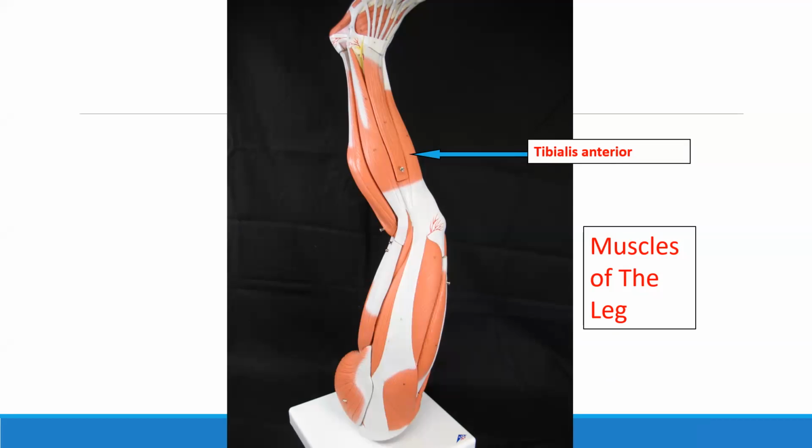Tibialis Anterior has a very important role for us. The Tibialis Anterior is used to raise the toes on our foot when we walk. It does what we call dorsiflexion, elevating the front of the foot. Because when we walk, we put our heels down and then our toes come down. When our heel is down, our toes are pointed up.